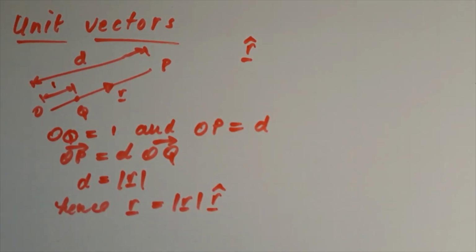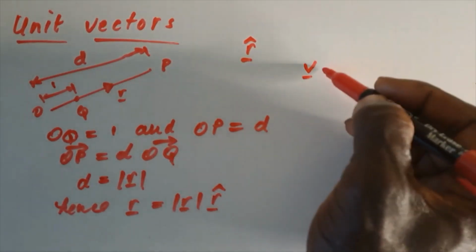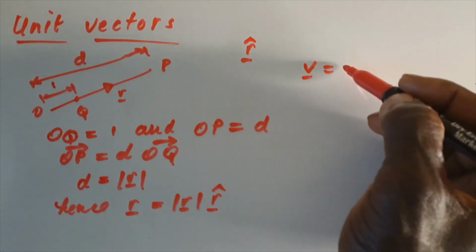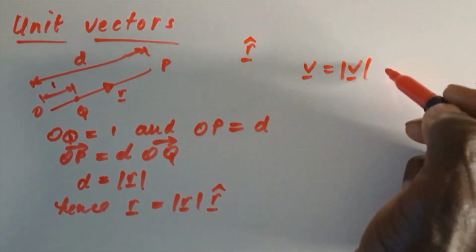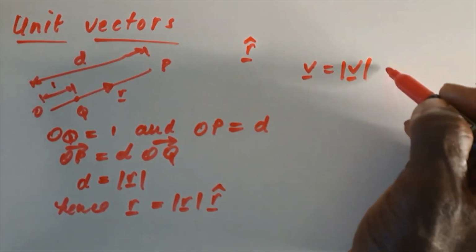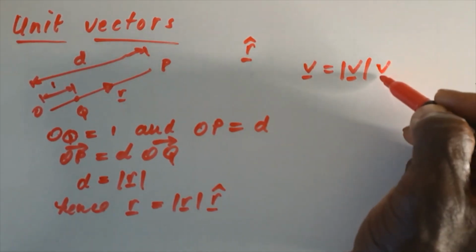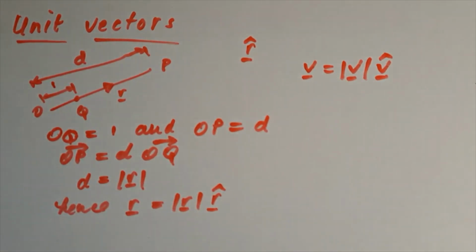So we can say in general that any vector, let's say it's V, can be expressed as the product of its magnitude times a unit vector in the same direction, and that would be expressed as V hat.